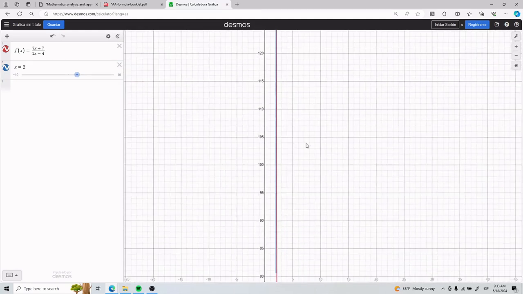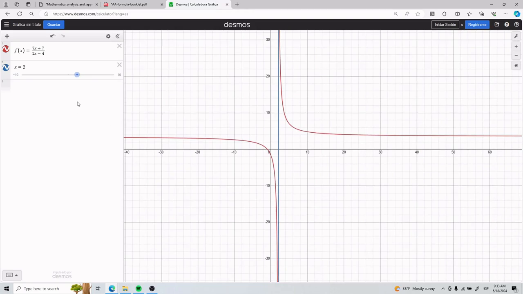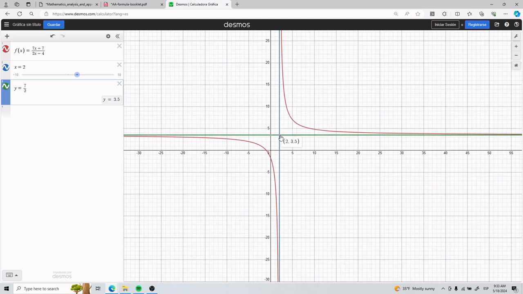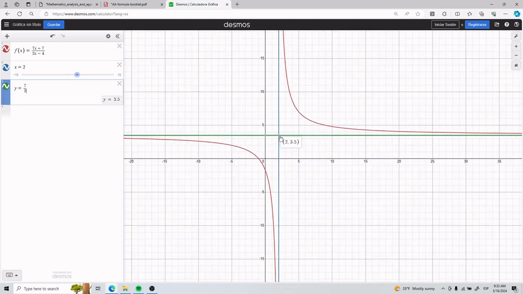So here's my vertical one, and my horizontal one is a y value. I'm going to show you in a second how to actually get that. Your vertical one, the one in blue, is an x value of 2, and your horizontal one is a y value of 7 over 2. Now, I know some of you might be a little bit confused by this.